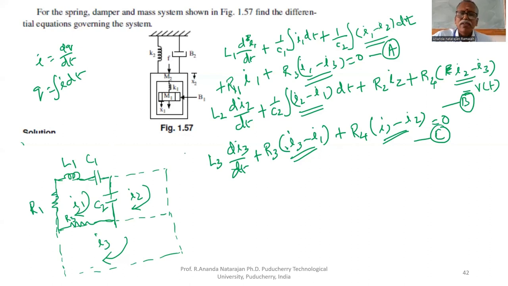That's all. If you take the second loop, L2 is in I2 only. So we can draw L2 here. C2 is between I1 and I2, already drawn. R2 is in I2 only. R4 is between I2 and I3, therefore R4 must be here.